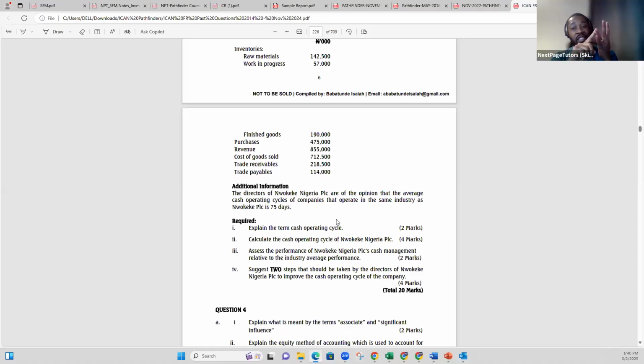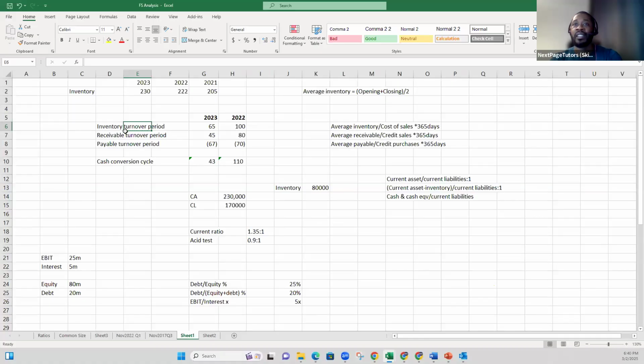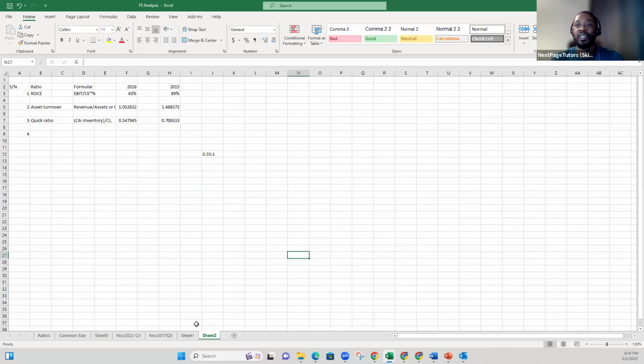And this is it here. Inventory days 65 plus receivable days 45 minus 67, which is payable days.